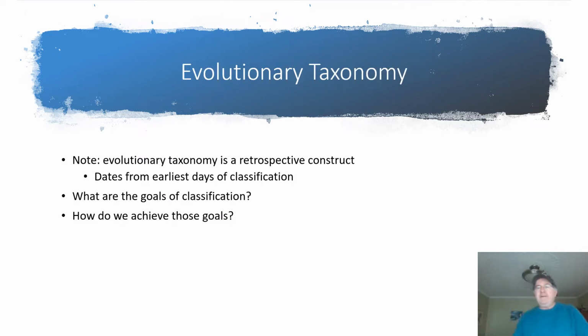So let's start with evolutionary taxonomy. The first thing to note is that this naming of this field of systematics as evolutionary taxonomy is really a backward-looking construction, in that this is actually the oldest philosophy of classification that goes back probably as far back as you want to go.